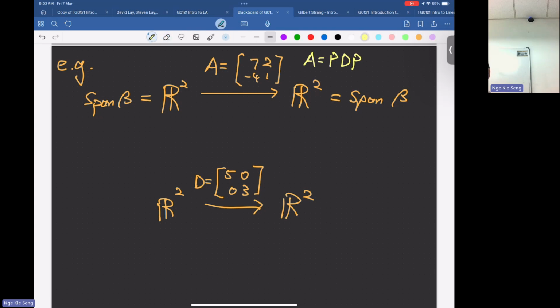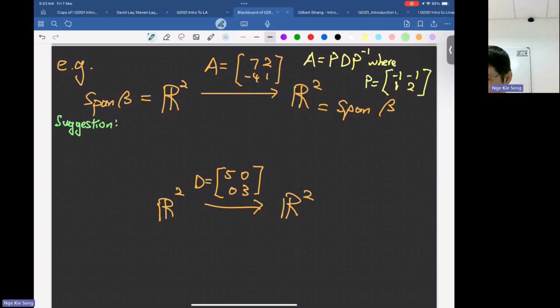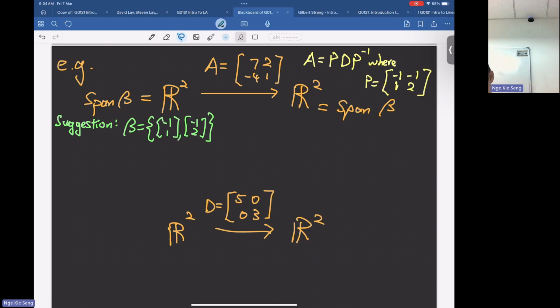So let's write down the P. My suggestion last time was to put your basis vectors as the columns of P. So this is a suggestion, and we're going to check what's going on.